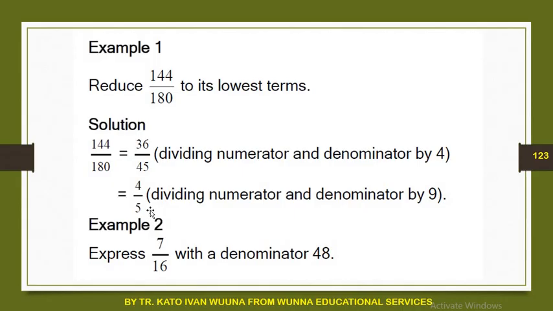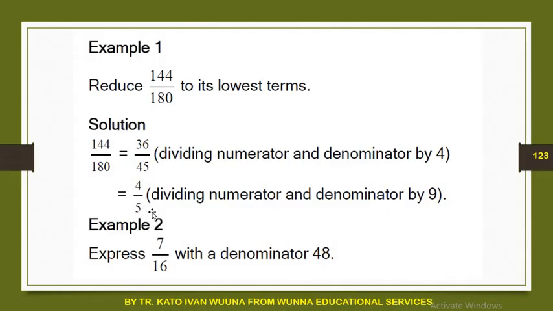Now, if you look at our first example, we have reduced 144 over 180 in 2 stages. We first reduced it by 4 to get 36 over 45. Then we reduced 36 over 45 by 9 to get 4 over 5.